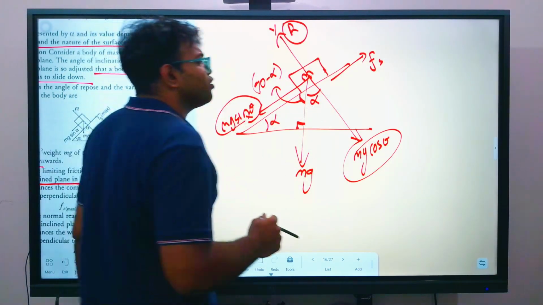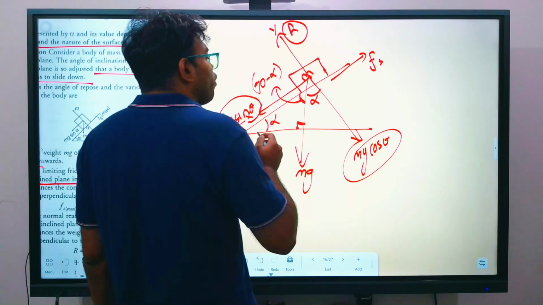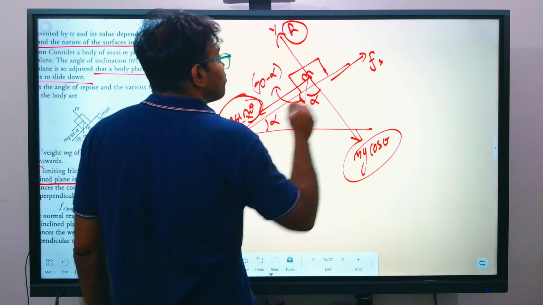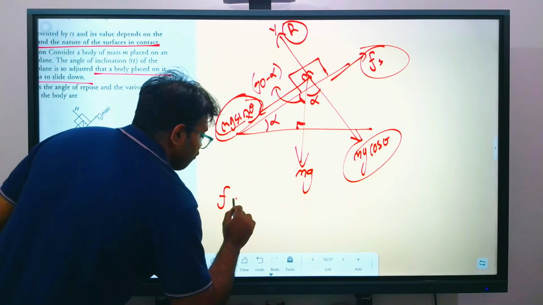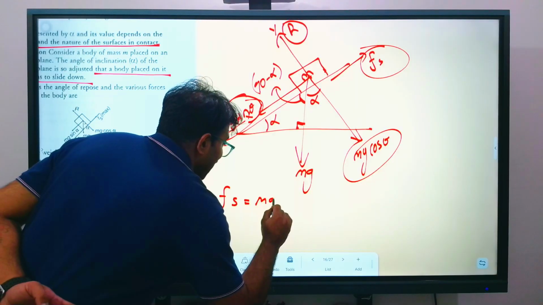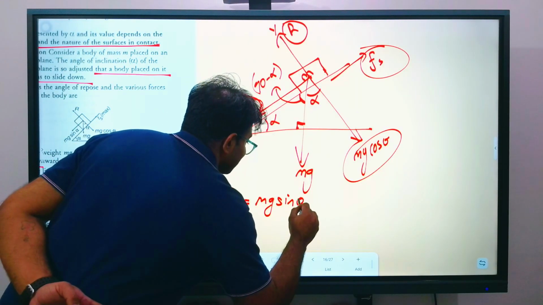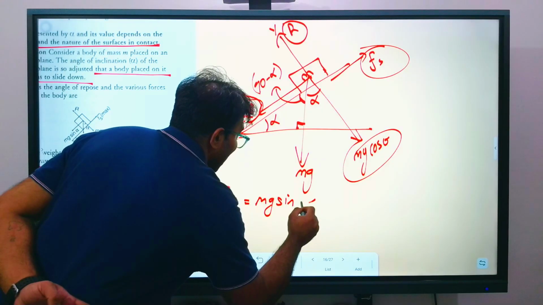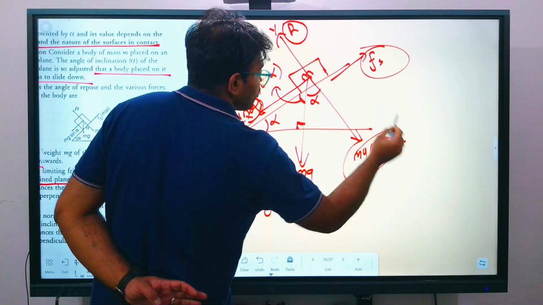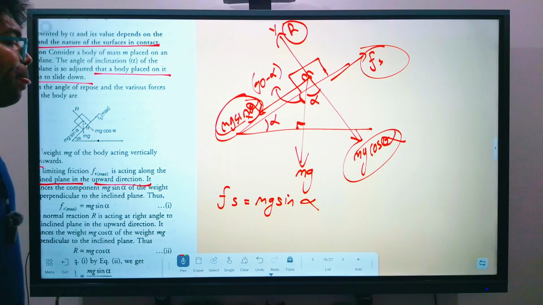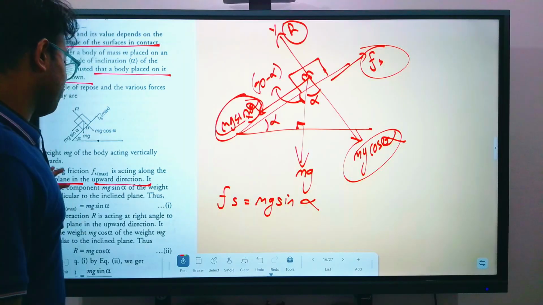When it is just starting to move, what happens? The applied force becomes equal to the frictional force. So we can write Fs is equal to mg sine theta, sorry, sine alpha. This is also alpha, not theta. Fs becomes equal to mg sine alpha.